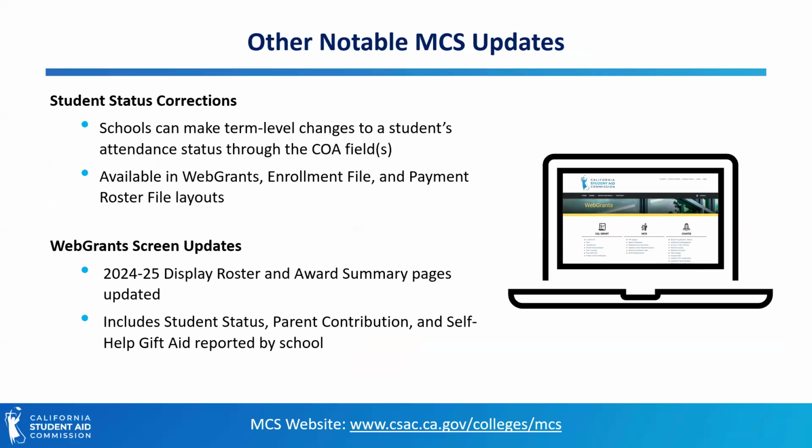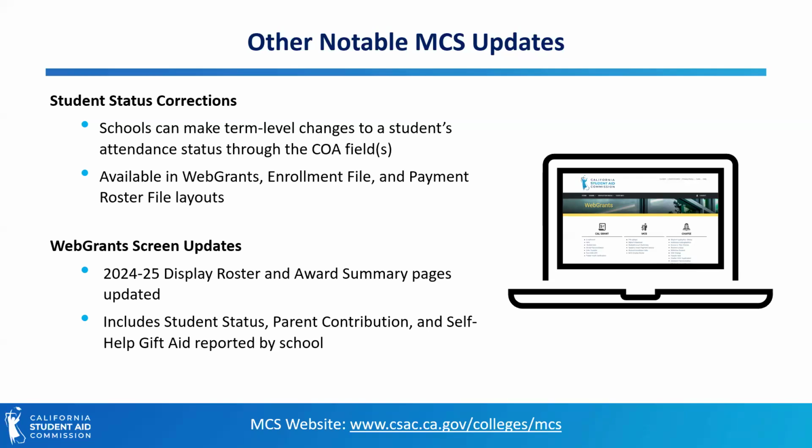Just a few other notable MCS updates. Student status corrections. This allows schools to make term level changes to a student's attendance status through cost of attendance. Essentially what that means is if a student goes from, say, being a fall-only graduate to attending for both fall and spring, the school can update that simply by updating the cost of attendance field within web grants.